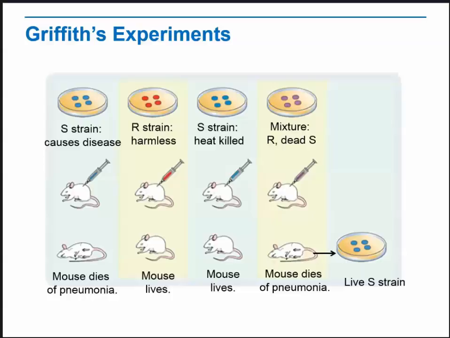He called this process transformation, because one type of bacteria had been changed permanently into another. Because the ability to cause disease was inherited by the offspring of the transformed bacteria, Griffith concluded that the transforming factor had to be a gene.